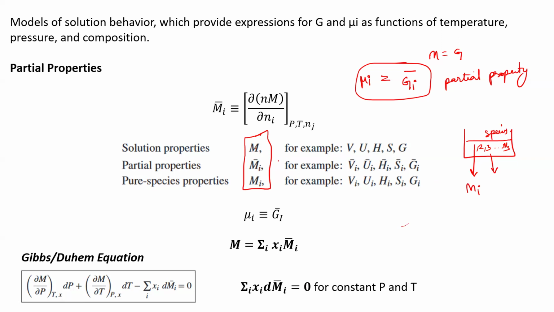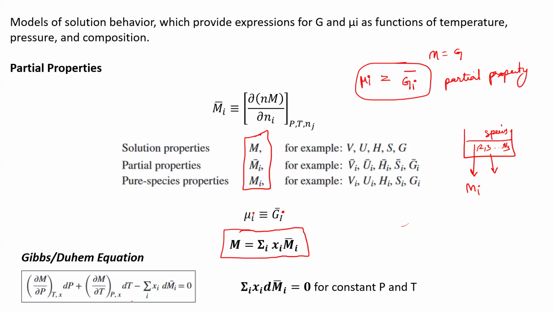That is defined as Mi bar, and this is M. In the video classes you have seen all this has been derived, right? And we get that M is equal to sigma xi Mi bar.